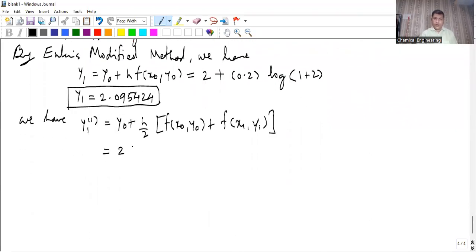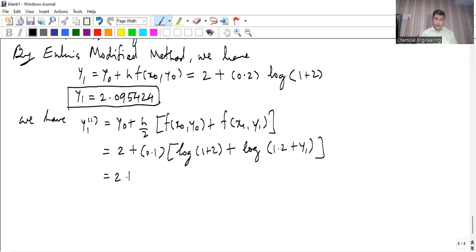So this is going to be 2 plus h by 2, which is 0.1, times log of 1 plus 2, plus log of x1, which is 1.2, plus y1.